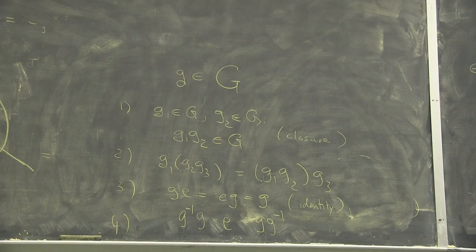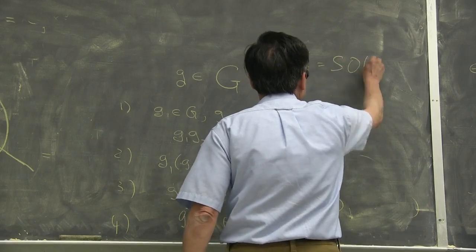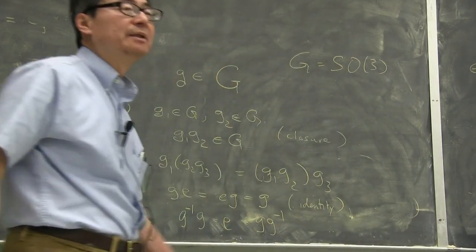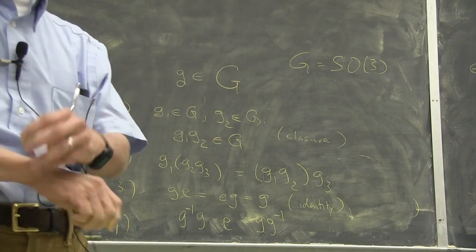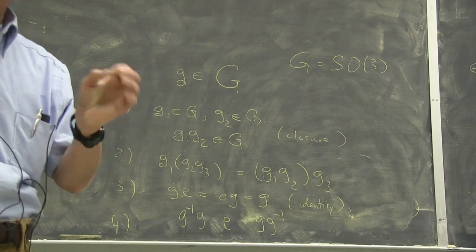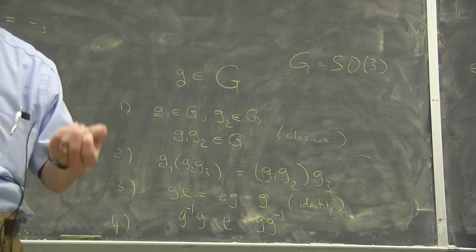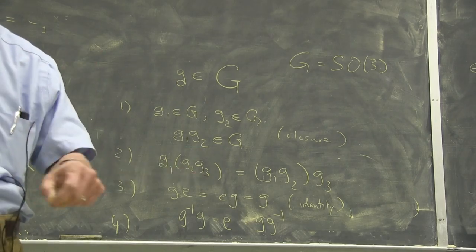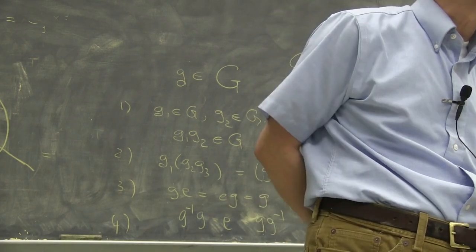Now, immediately, let's think in terms of the rotation group. So G is our old friend, SO3. Each element of SO3 is a special orthogonal matrix. You can prove that if you take the product of any two SO3 matrices, the result is also SO3, also a special orthogonal matrix. This is very easily proved, and I encourage you to go home and prove it, although it's not listed as an exercise.